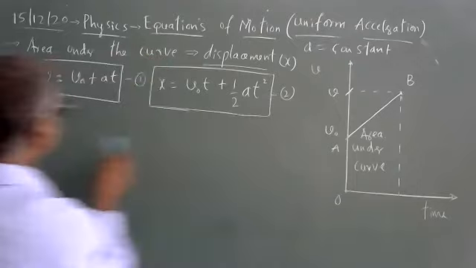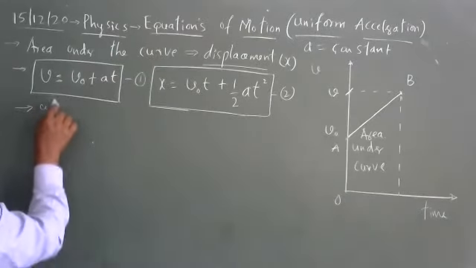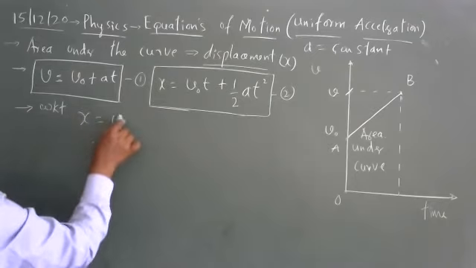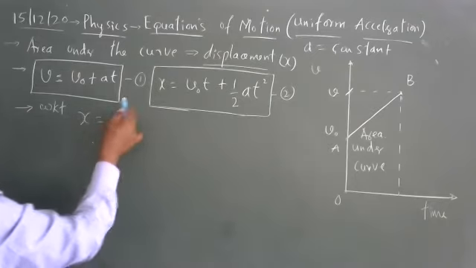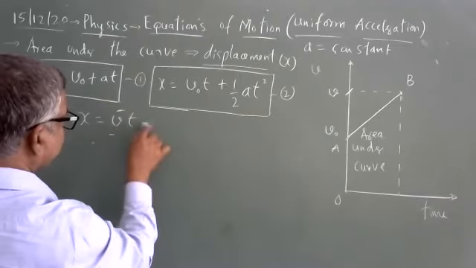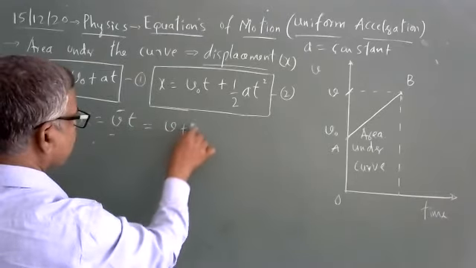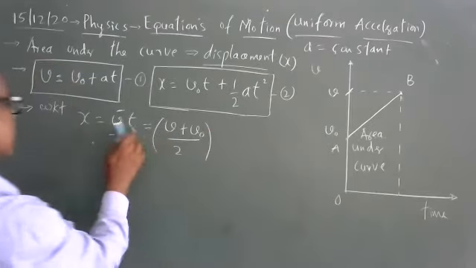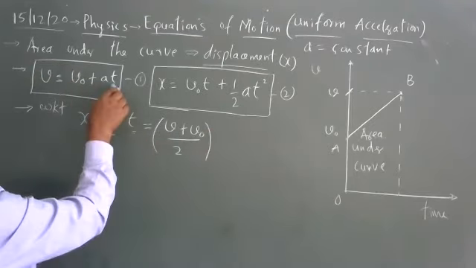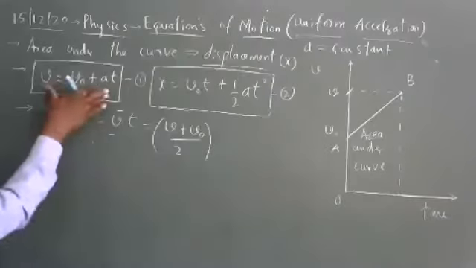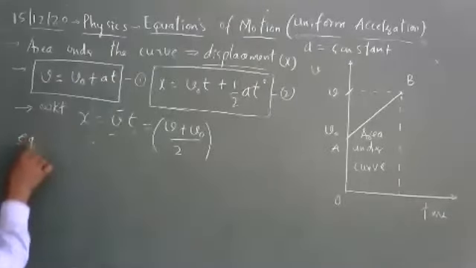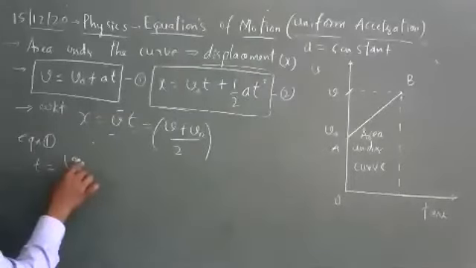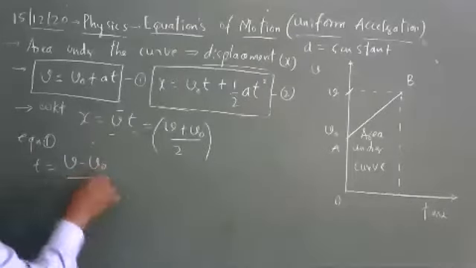At the same time, we know that displacement x equals average velocity into time. And this average velocity can be written as final velocity plus initial velocity divided by 2. Whereas this t is substituted in this fashion. If I rearrange equation 1, it gives me t equal to final velocity minus initial velocity, with a in the denominator.